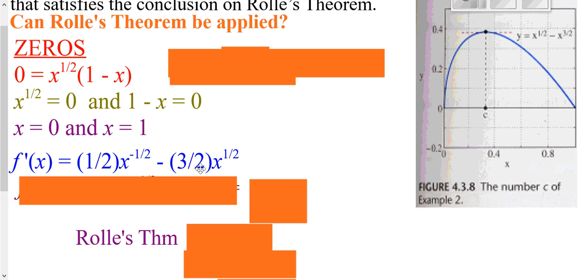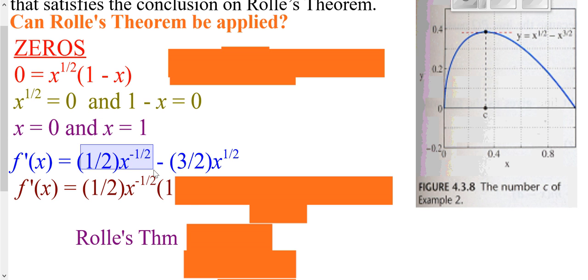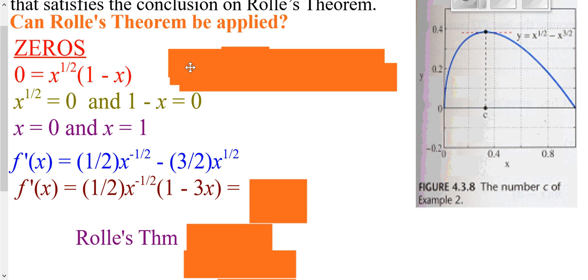So now I'm going to pull out the over 2, which would basically be pulling out the 1/2. And I'm going to pull out the smaller of the two exponents, which would be x to the negative 1/2. And then you look at what's left. Well, I just pulled out this whole thing here, so I have a 1 minus, I pulled out the over 2, so it would leave me with a 3, and then just an x to the first.